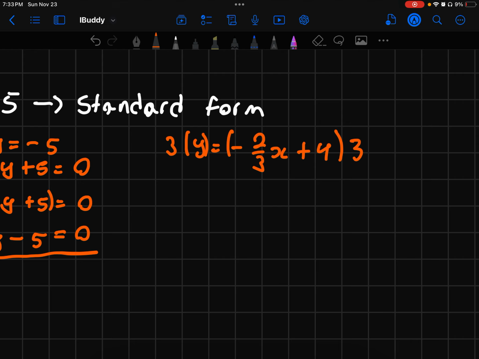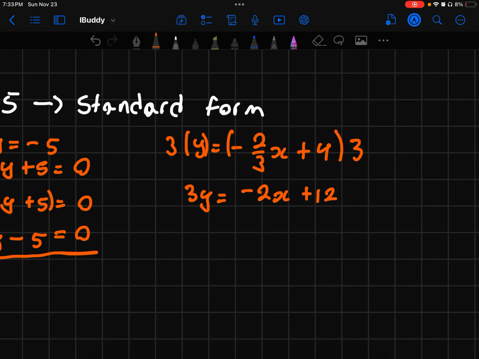I'll just tell you guys real quick, what you do on one side must be done to the other side. If you multiply one side by 3, you multiply the other side by 3. If you divide a side by 3, you have to divide the other side by 3. So this turns it into 3y is equal to negative 2x plus 12.